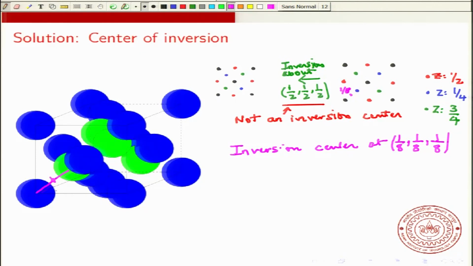Since this green atom was at coordinates 1/4, 1/4, 1/4, this is a midway point between 0, 0, 0 and 1/4, 1/4, 1/4.